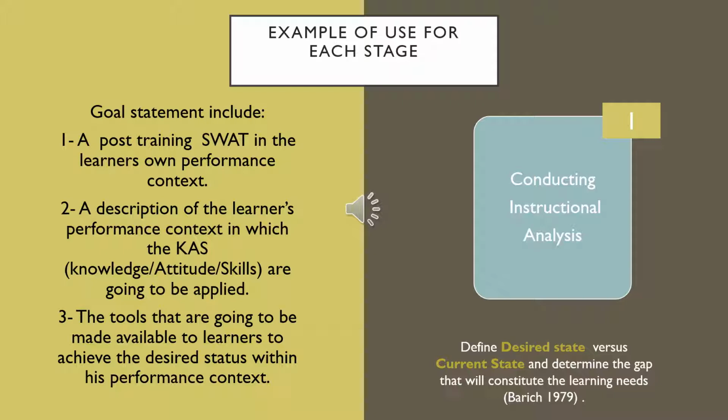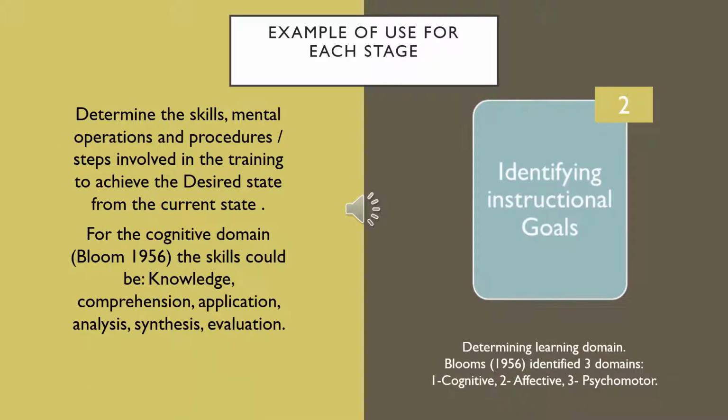If we look at the second stage, identifying instructional goals, there we will determine the learning domains, and if we take Bloom's domains, Bloom identified 3 domains: cognitive, affective, and psychomotor.